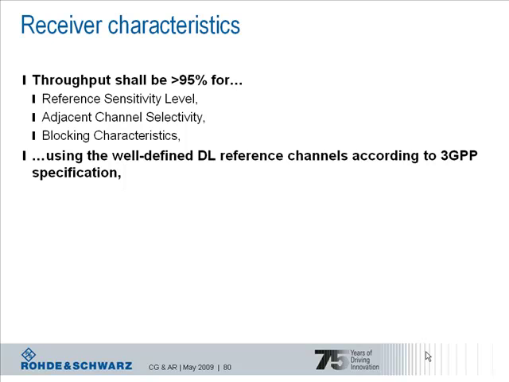So for those types of measurements, normally a call is required, so that we get the ACKs and NACKs in the uplink, can count these, calculate a block error rate from those values, and based on the fixed reference channel, which we have set up in the downlink, we can estimate the throughput, which should be, as I already said, higher than 95%.